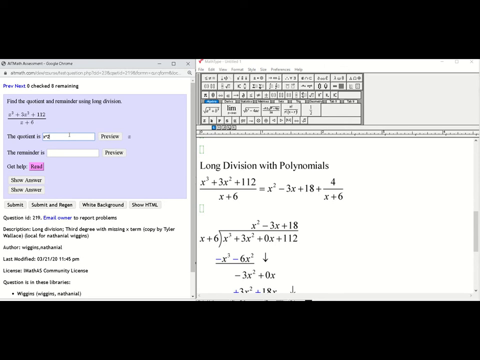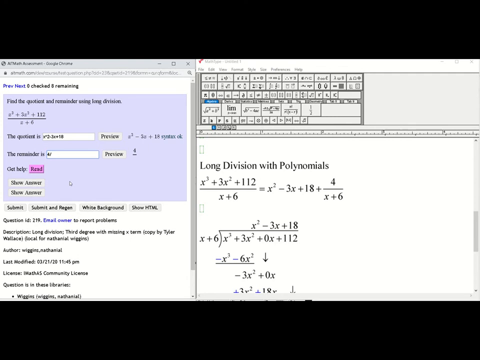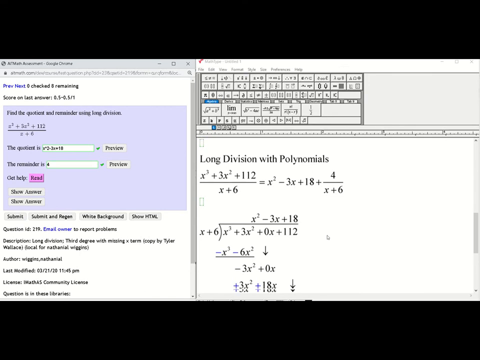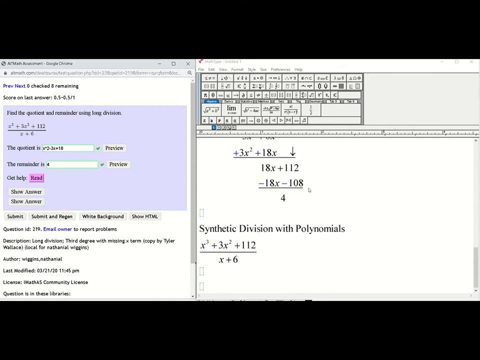So we get x squared minus 3x plus 18, and then the remainder is going to be just that 4 over x plus 6. I'm going to claim that's my remainder. Does it just want the 4? I guess so. All right, you ready?